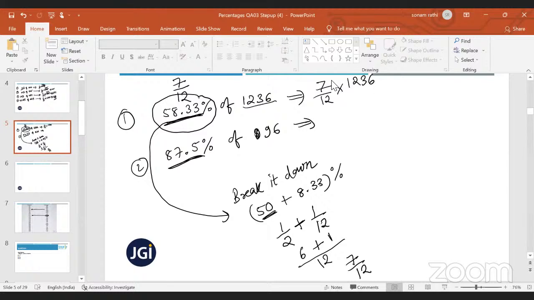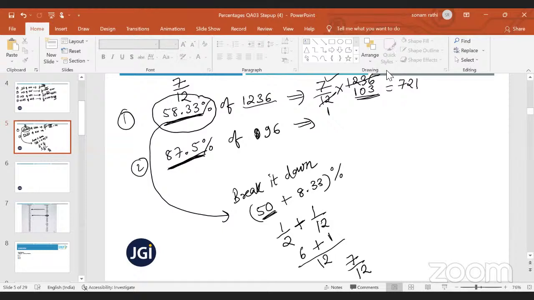Okay, divide it. 12 one time, 12 one time, 0 time, 3 time. 103 into 7. 103 into 7 means what? The answer is 721. Very good. Okay. Let's try to break down 87.5.